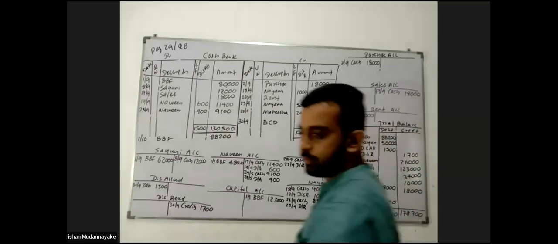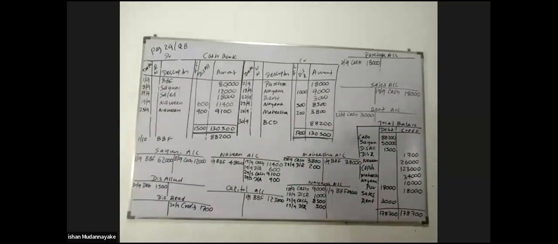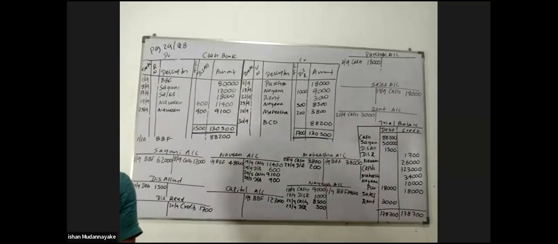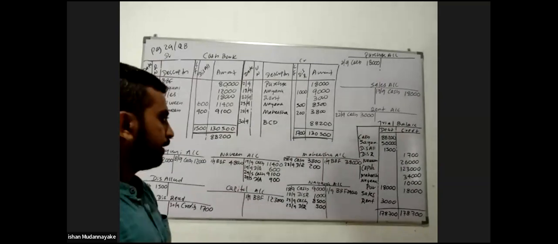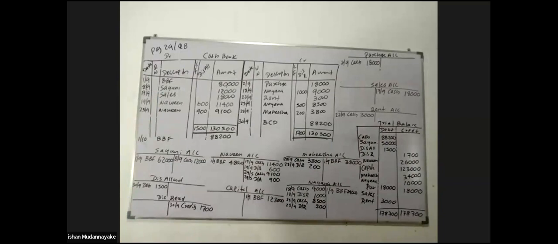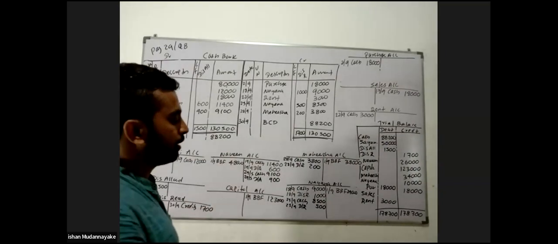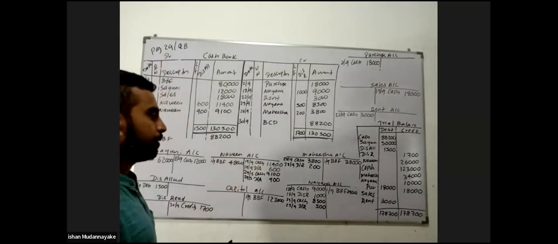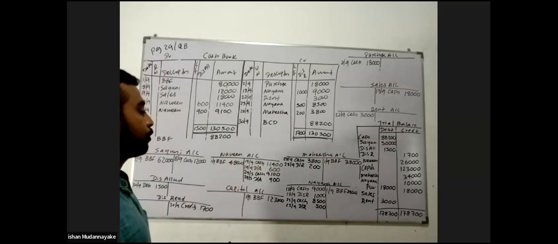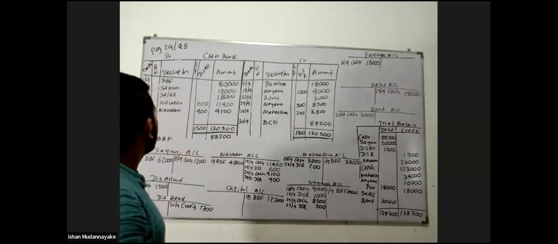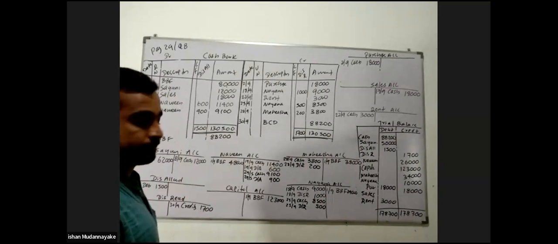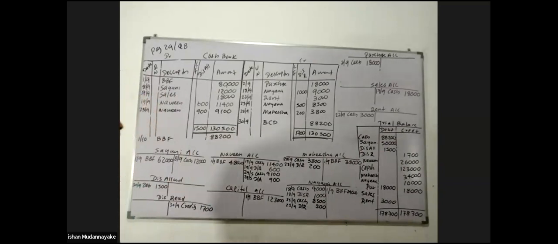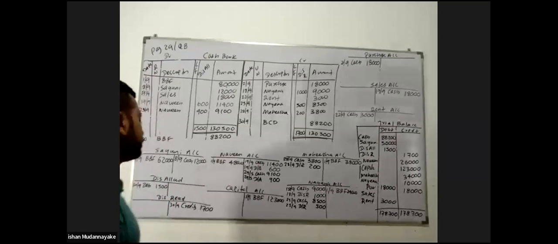Shall we start the petty cash book? Last year we discussed the theory. Later you can watch the recording and check the answer. Question number 8, page number 29, cash book. Now we will move into the petty cash book. Last year we discussed the theoretical part of the petty cash book. Today we will discuss questions.